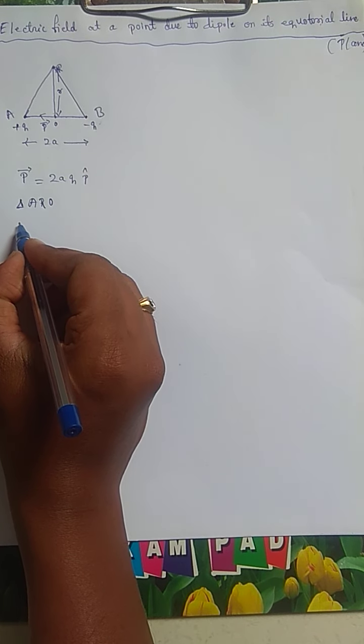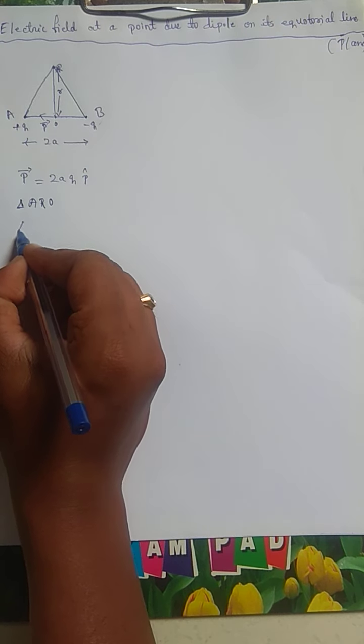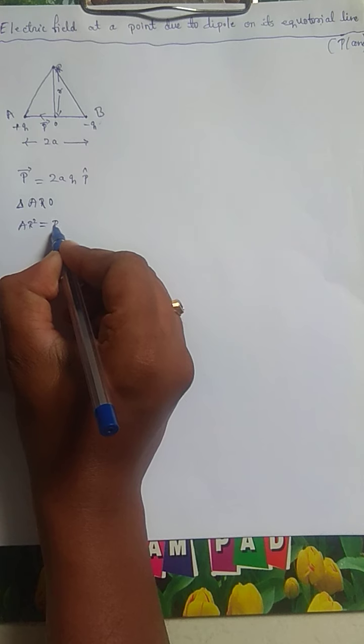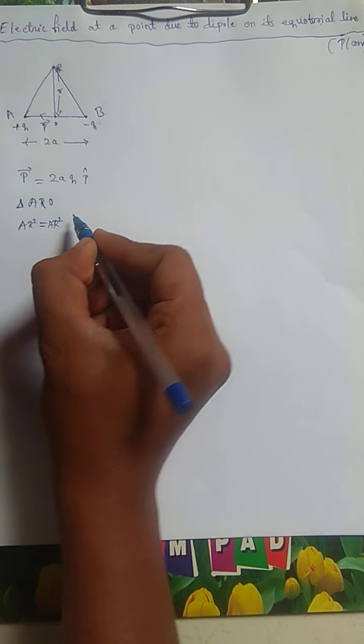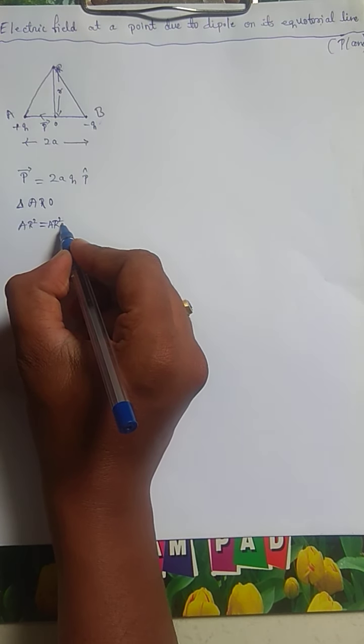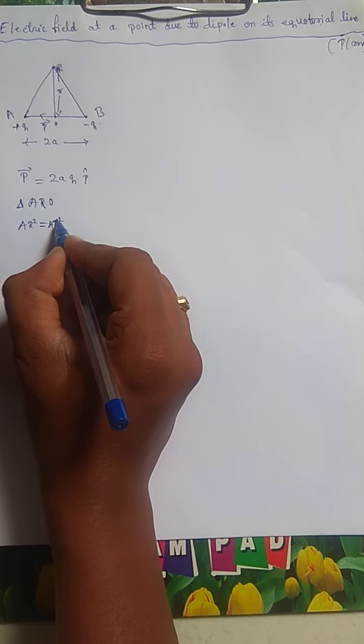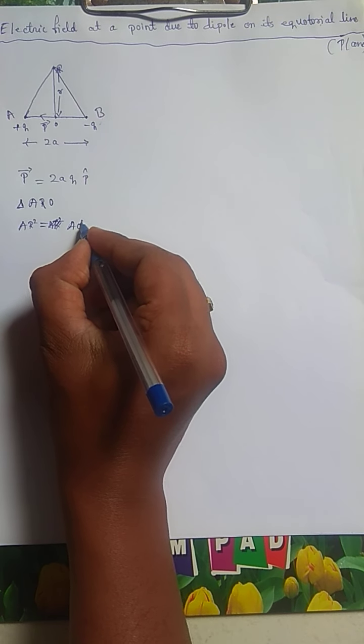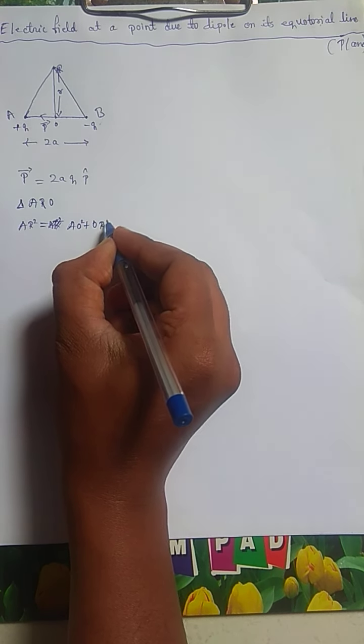The Pythagoras relation says AR square equals AO square plus OR square.